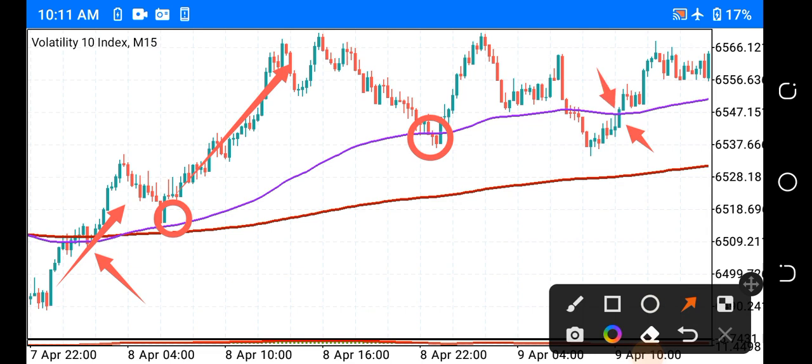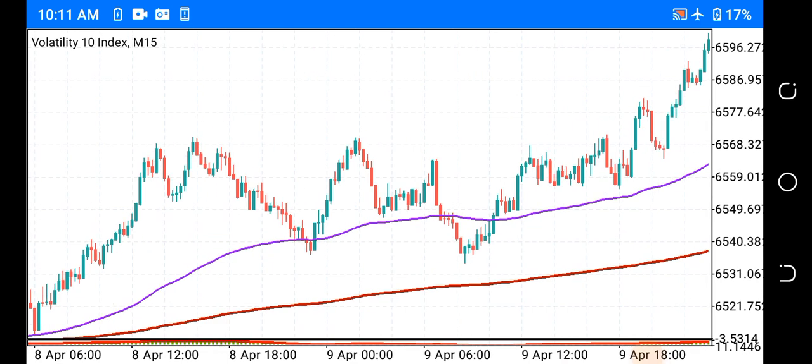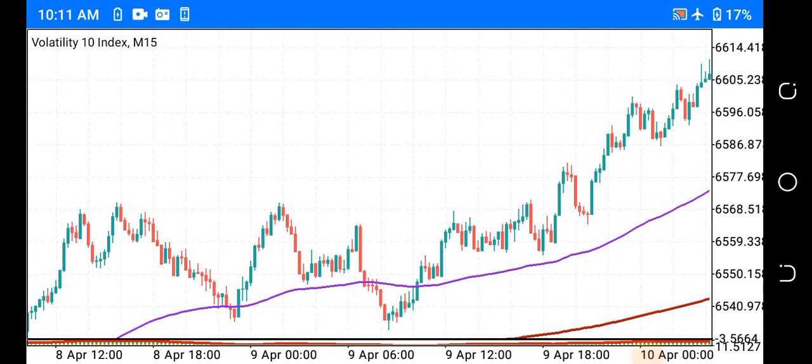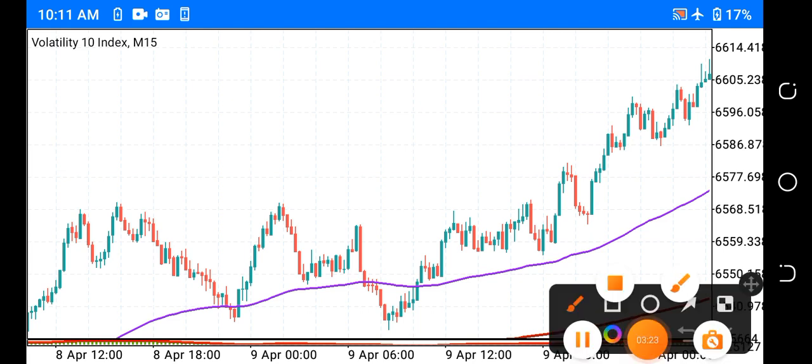If you observe closely, you will see the bullish candle that closes above the 50 moving average. So once the bullish candle closes above the moving average, you make a buy entry immediately. You understand? This is the candlestick that closes above the moving average.